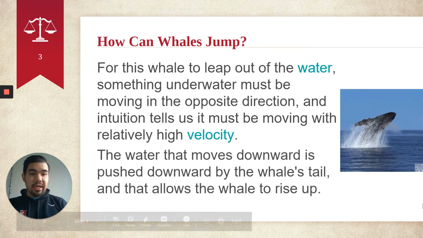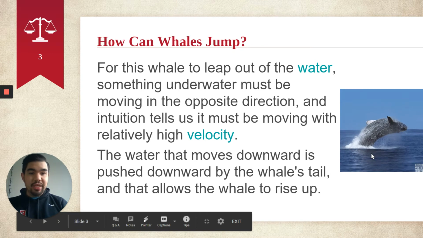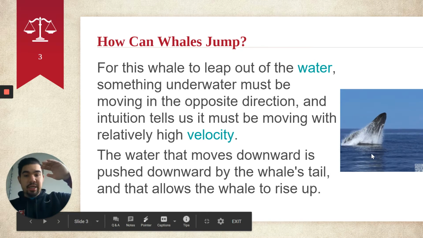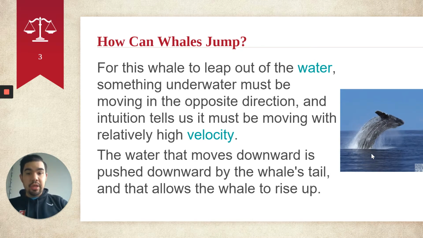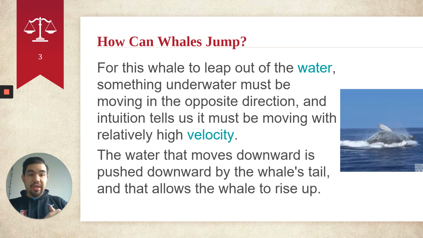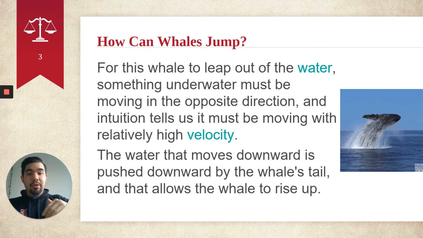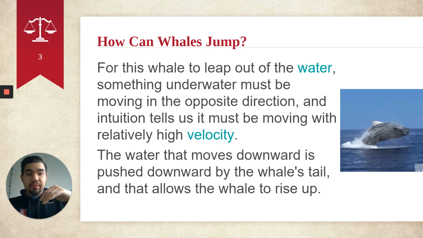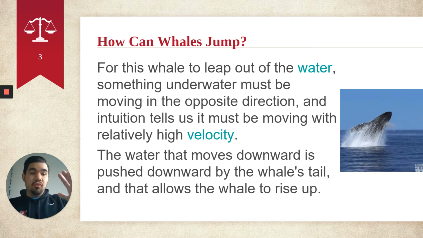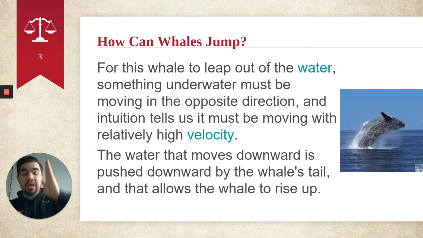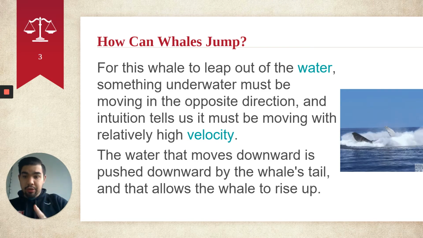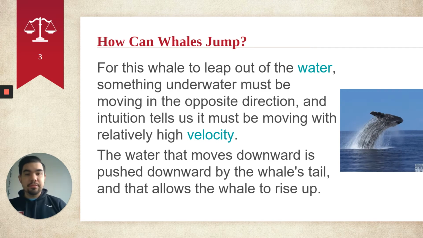You notice that whales have these big tails, right? As the tail pushes downward, a ton of water moves down at a high velocity. And the result is that the whale is able to be pushed upwards. So you have water going down, whale going up.